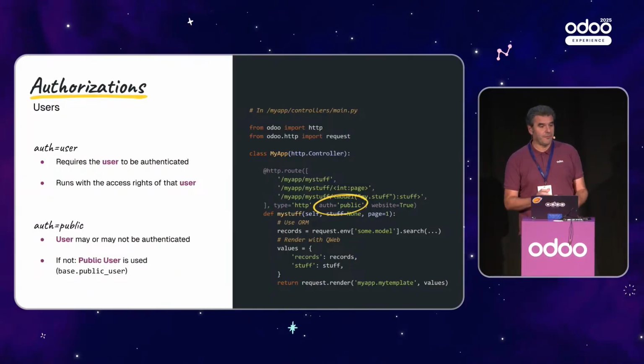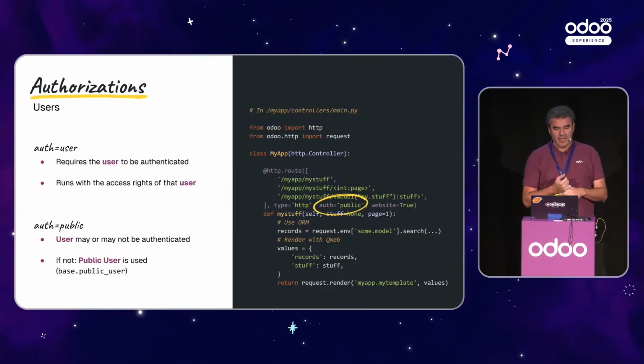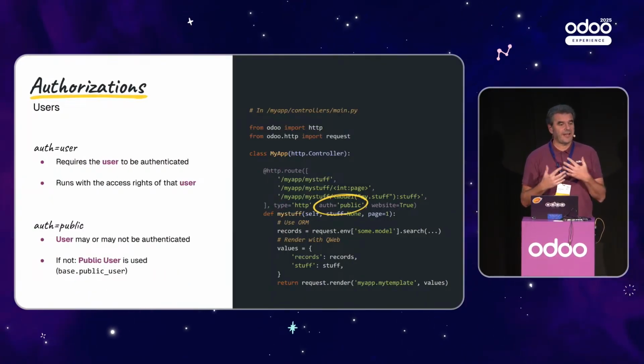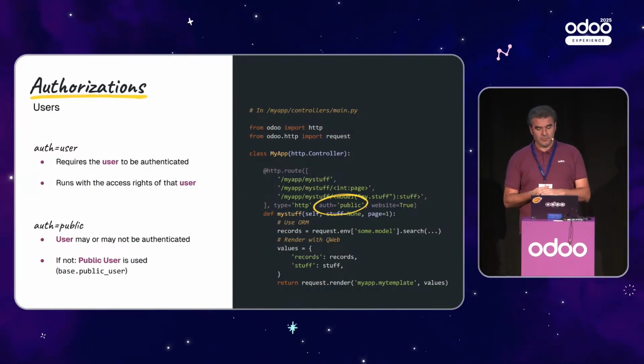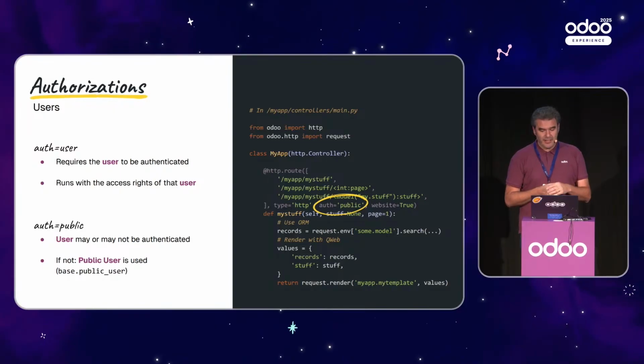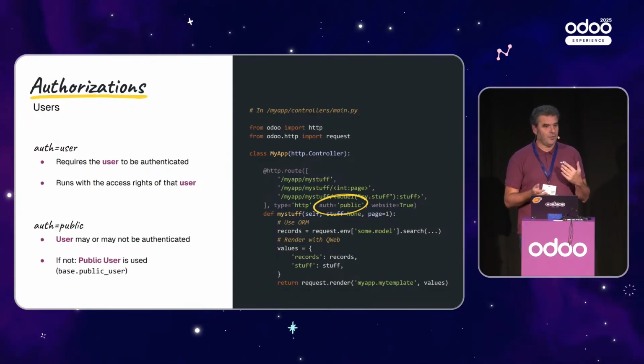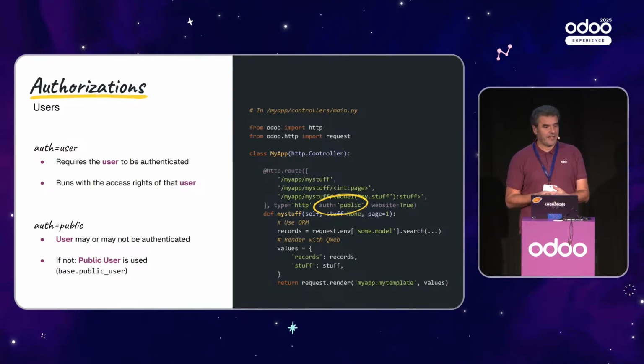Another parameter of the decorator is specifying who can access the specific route. Typically, if you specify that auth is public, then that means anybody will be able to make the call.